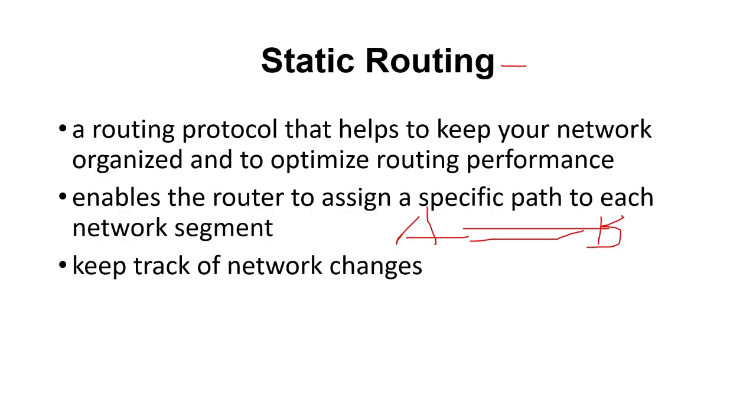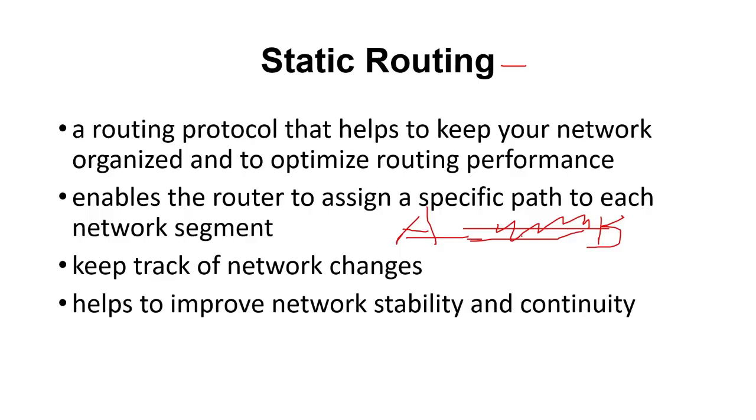Static routing can keep track of the network changes because if there is something wrong with this path, then this path is unusable. It also helps to improve network stability and continuity. The network administrator can always determine this path is still working. This path is still good. Just tell me if you need another path and I will configure another path.